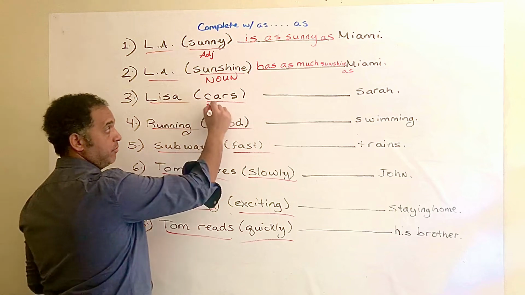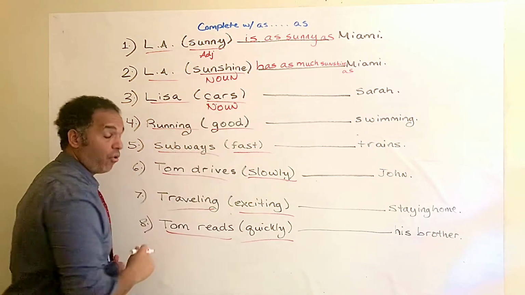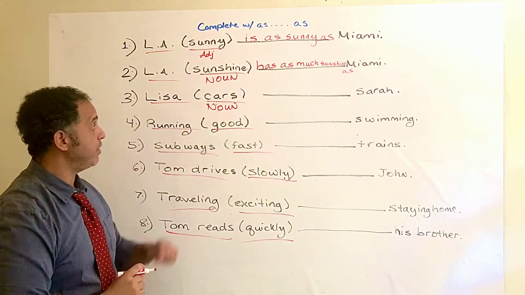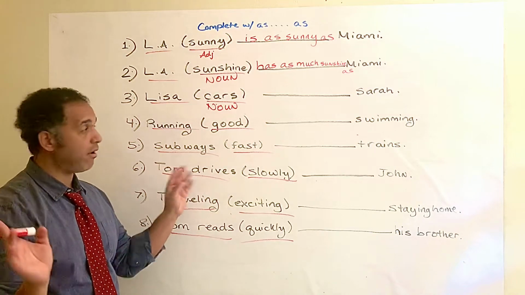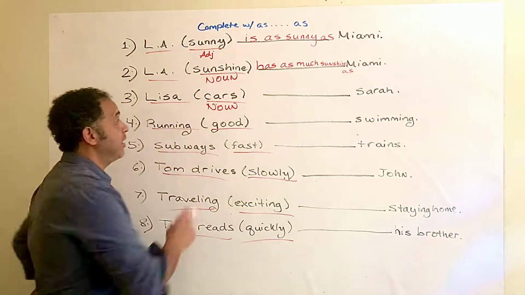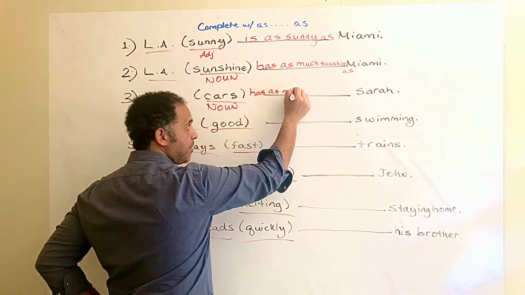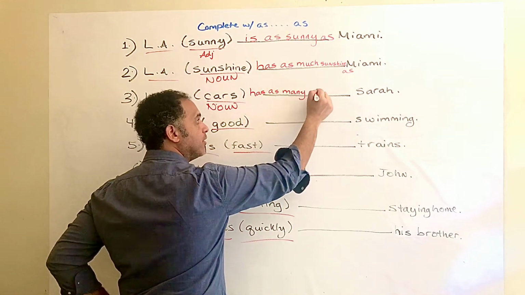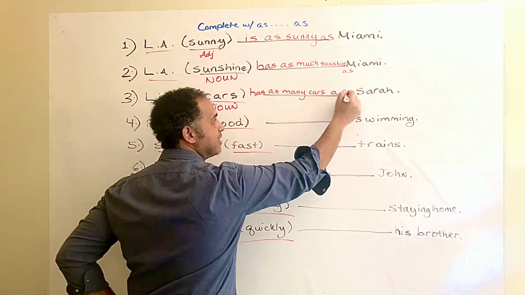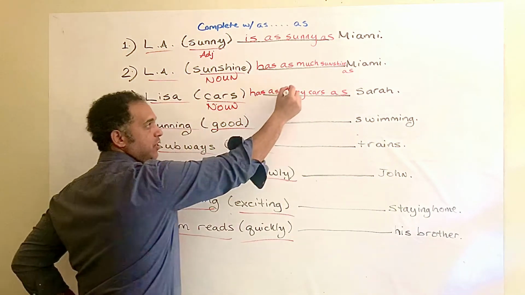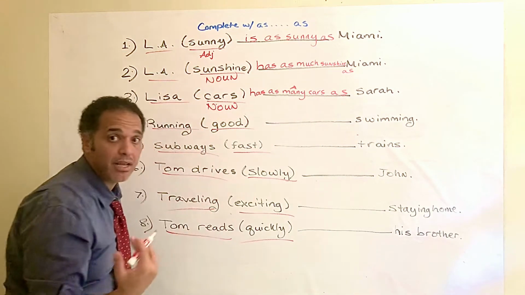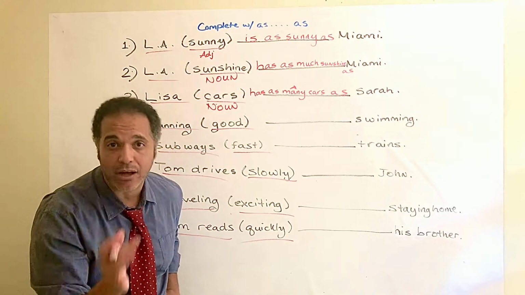Cars is also a noun. Okay, so again, not is or are, we're using has. Lisa has as many cars as Sarah. If you look at this one, now I say many because cars is countable.